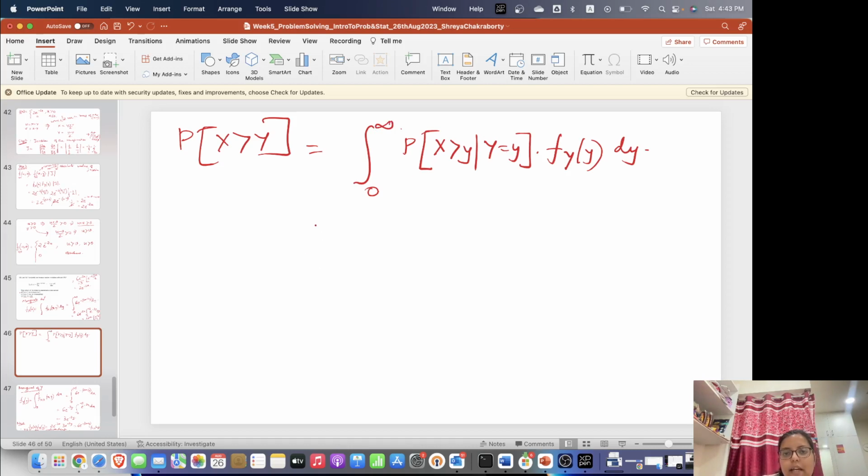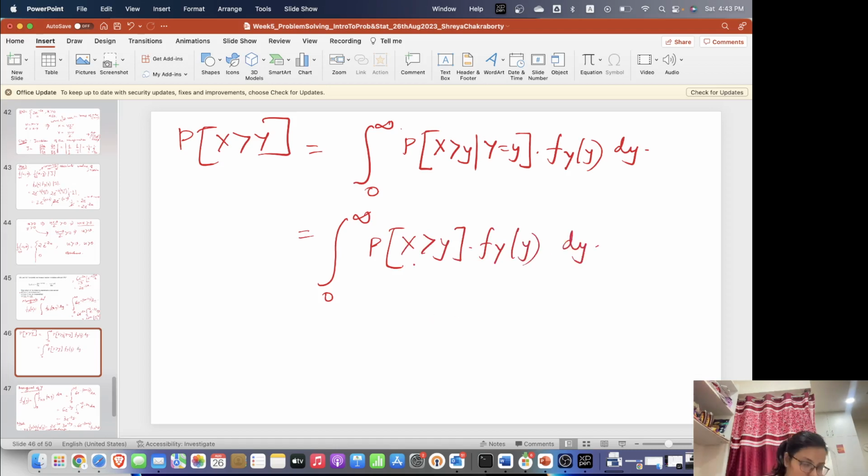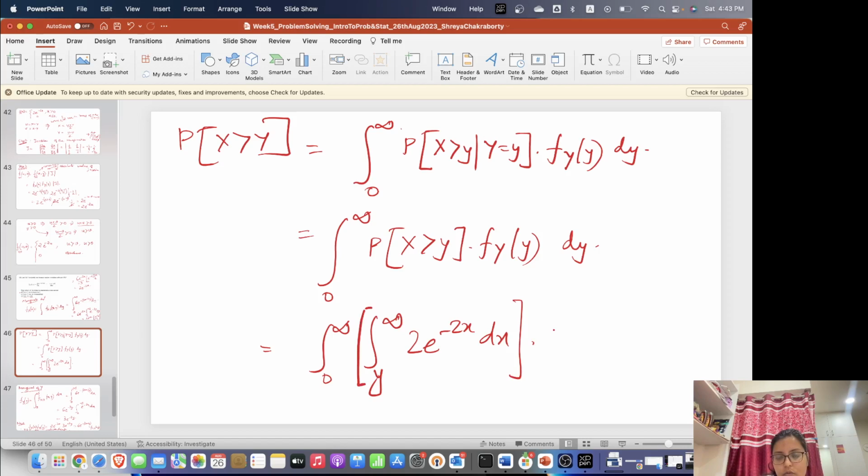Now x and y are independent, so we can write it as probability x greater than y, f_Y(y) dy. So then this will be the integral from 0 to infinity, of the integral from y to infinity of 2 e to the power minus 2x dx, into 3 e to the power minus 3y dy.